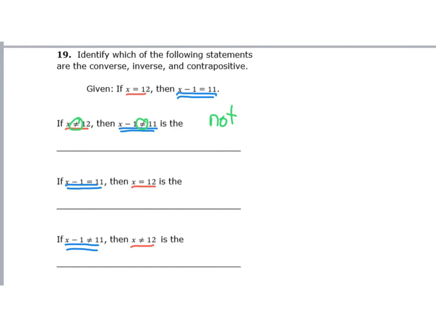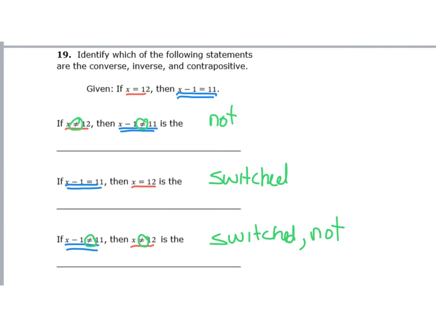So my red and my blue have been switched. On the last one, same thing, it starts with blue first, so it has been switched here as well. But I also have the not equal to, so this also has not.